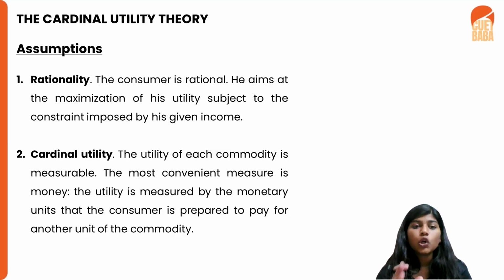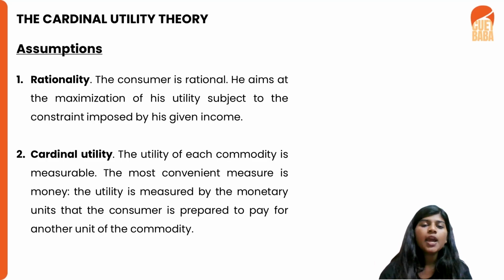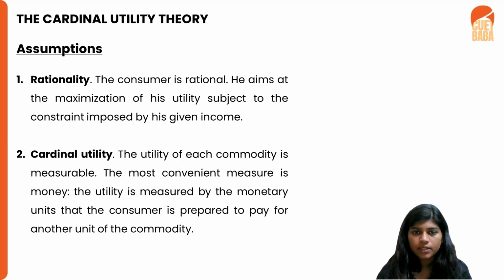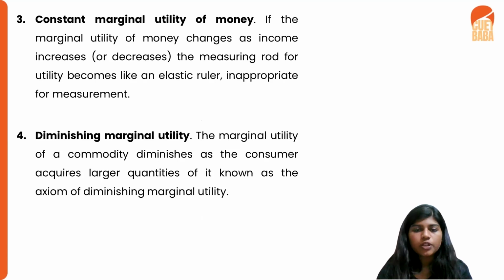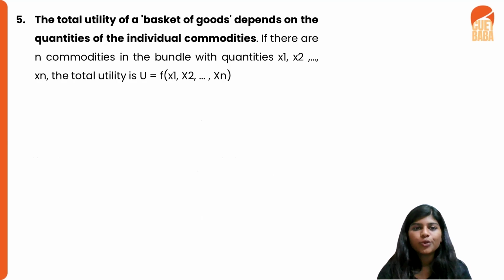Here we'll be focusing on the cardinal utility theory, and first moving on to its basic assumptions. We have rationality, cardinal utility, then constant marginal utility of money, diminishing marginal utility, and the total utility of the basket of goods depends on the quantities of individual commodities.